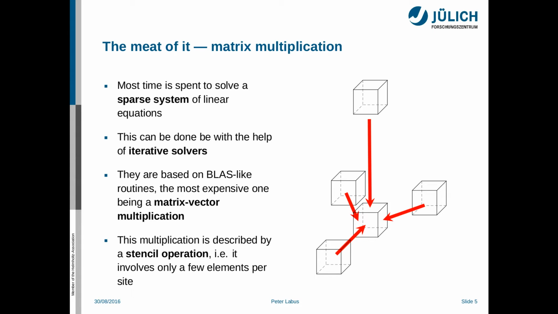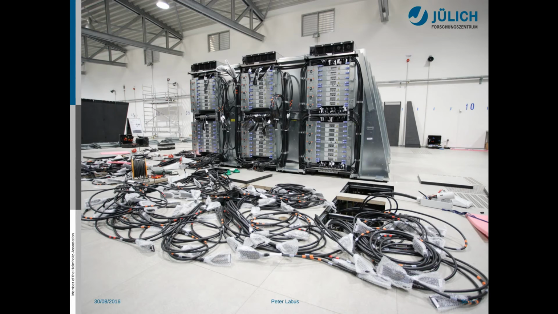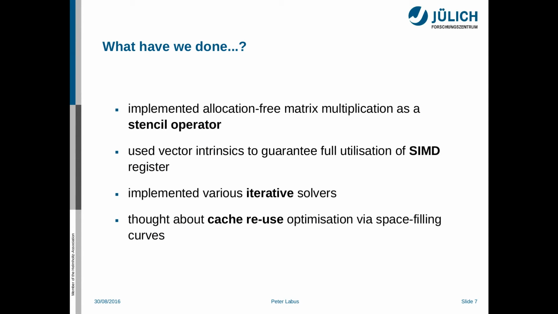They are heavily based on BLAS-like linear algebra routines such as vector times vector multiplications, and the most expensive one is a matrix times vector multiplication. This multiplication, however, is at each site of the lattice described by only a few data elements, and this is known in computer science as a stencil operation.